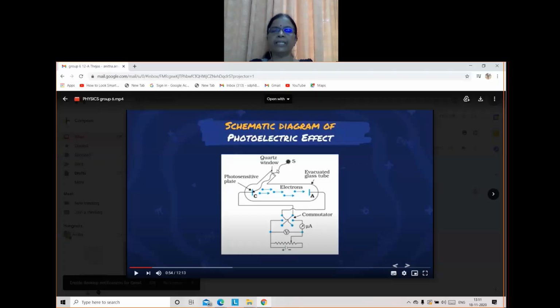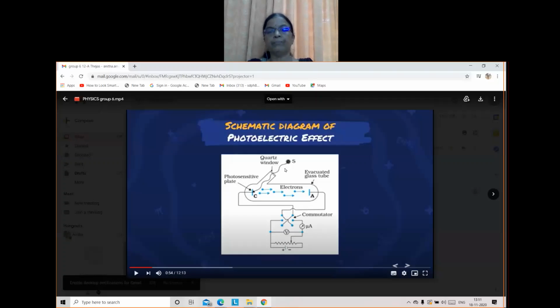What is the energy of a photon? h nu. Nu is the frequency. h means what? Planck's constant. So E equals h nu, which can also be written as hc by lambda, since nu equals c by lambda. What is c? c is the velocity of light. What is lambda? The wavelength of light.